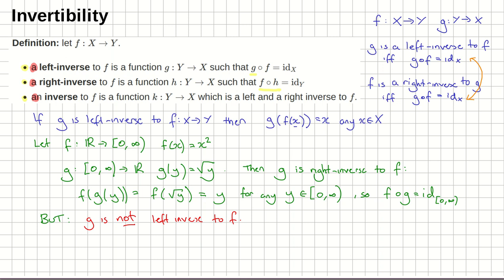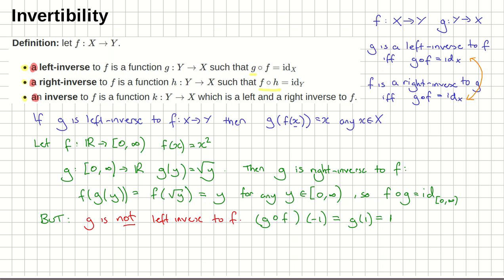Let's just see why. One good reason is that, for example, if we take g composed with f and we evaluate that at -1, then what you've got is g of f of -1, so that's g of 1, because -1 squared is 1, and the square root of 1 is 1.